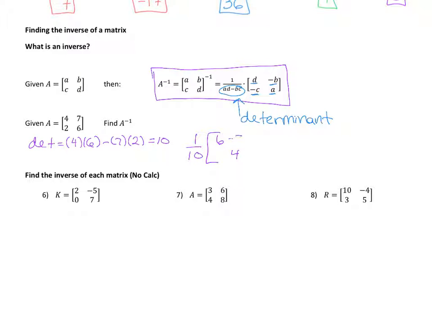And my 7 and my 2 are going to become negative. Now I'm going to multiply through by the 1/10. So I'm going to have 6/10, -2/10, 7/10, and 4/10. Now 3 out of 4 of these fractions can be simplified, so I will simplify each of those fractions.